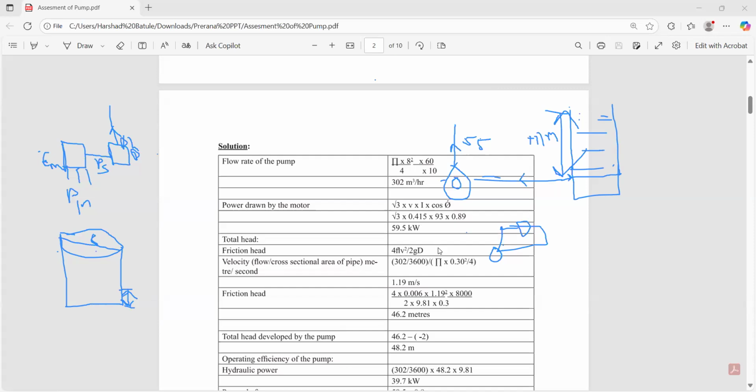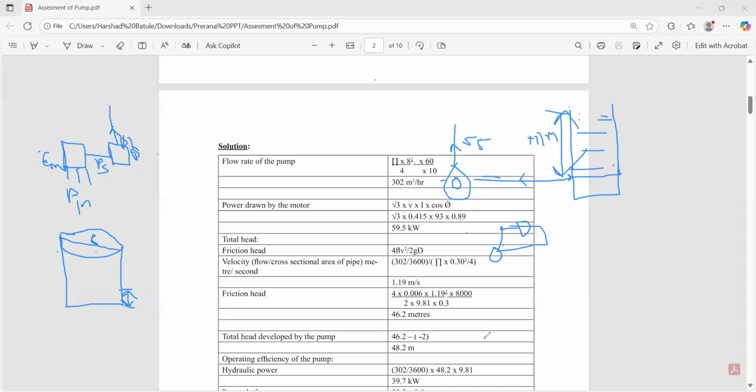But water flow can be captured in the volume. Your intermediate booster station has some height, and for that height we have been given the level difference. So to rise 1 meter in height, the volume is given. So 3.14 divided by 4 into 8 square is your area of the circle, which would be 50 meter square, and your rise in height is 1 meter, so your volume rises by 1 meter.